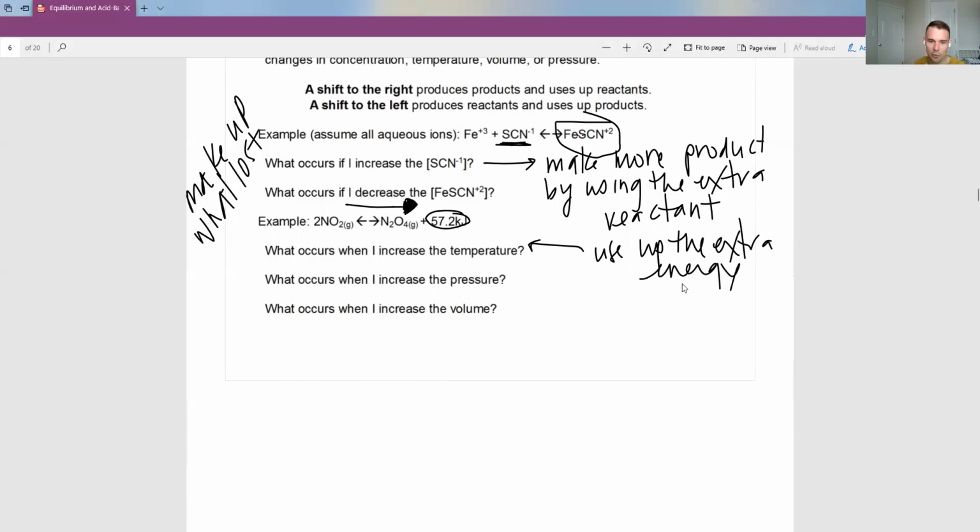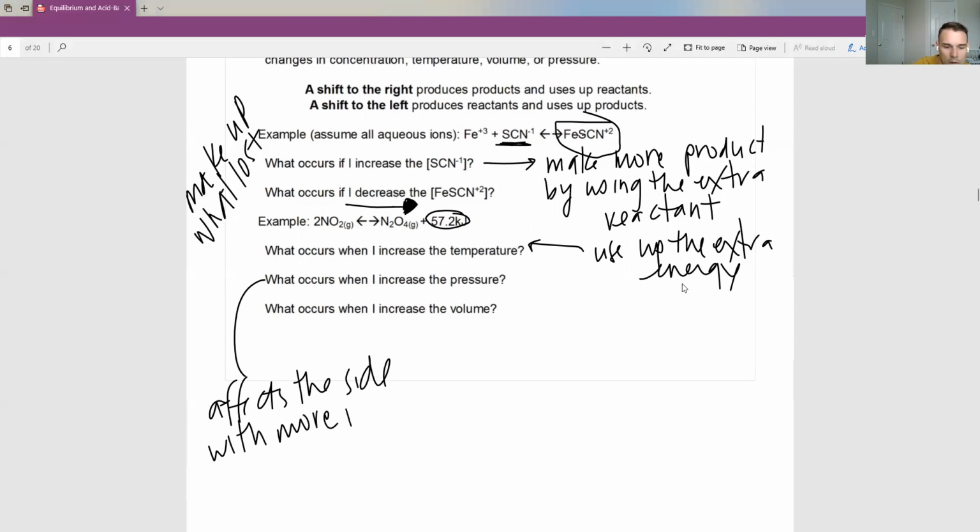So what occurs when I increase the pressure? Increasing the pressure affects the side with more moles of gas, okay? So I have more moles of gas as a reactant. So if I increase the pressure, I'm going to have more collisions.